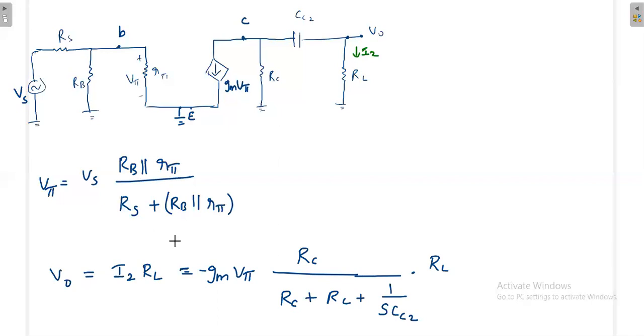Now we have to modify this equation. Otherwise, we have to substitute V pi, because we have derived V pi in terms of Vs and resistances.